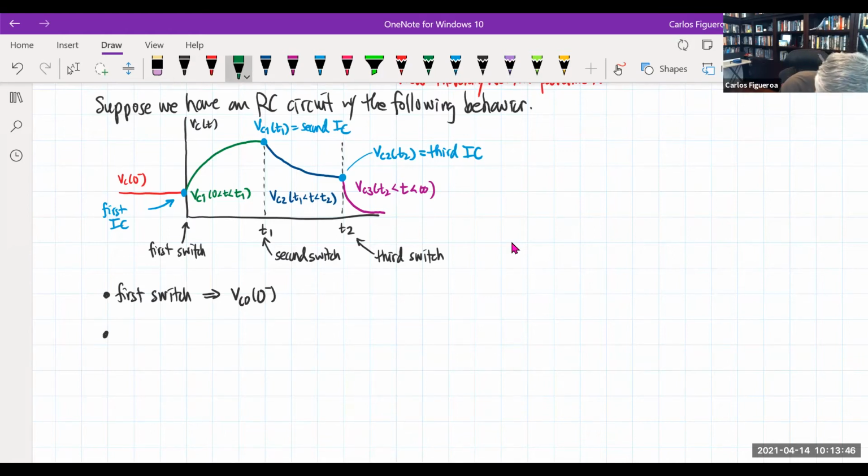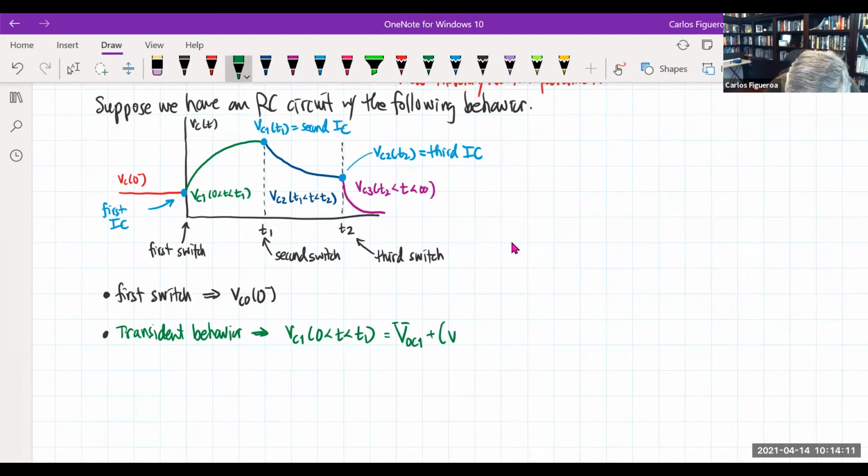So now I have a transient behavior. And a transient behavior means that I have what? VC1 of 0 to T1. And what should I expect here? Well, I'm going to have a VOC for this interval. Then I'm going to have my initial condition. And then I'm going to have my VOC for this interval, and then e to the minus t. But now I have a time constant, tau 1.